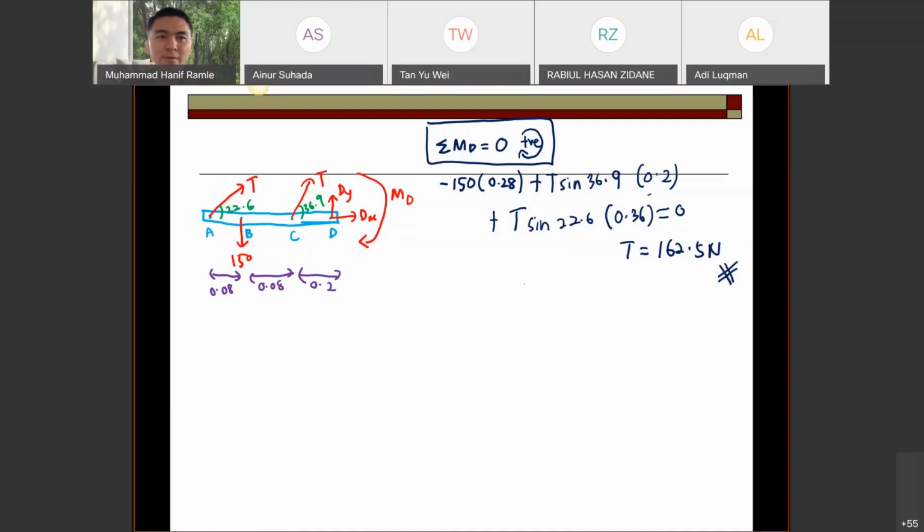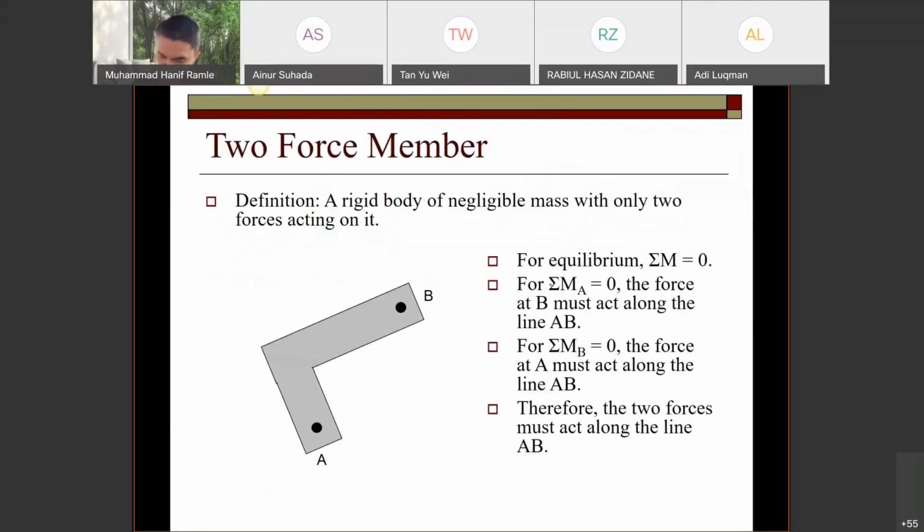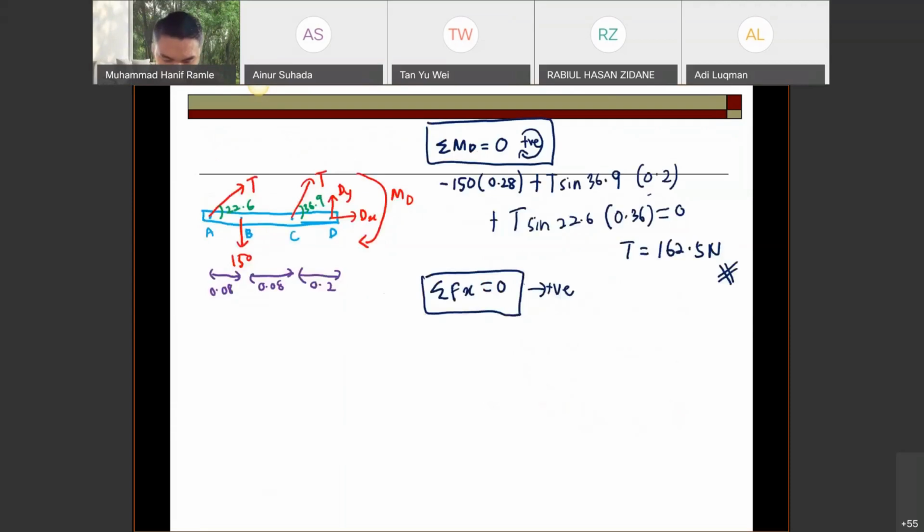Once you have the T value, you can use the equilibrium system for the X and Y components. Let's say X is positive to the right side. And then you will get dx later on.